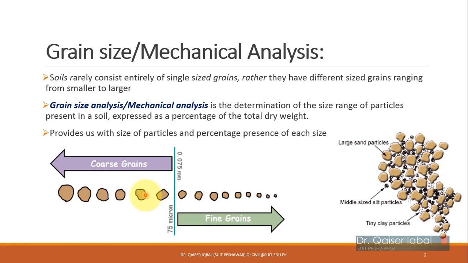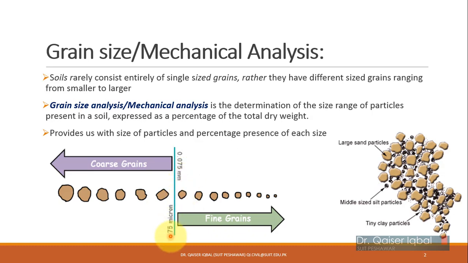So we know that in soils you have got, as I discussed, larger particles and then smaller particles as well. To distinguish between large or coarse grain particles and small or fine grain particles, we have drawn a line at 75 micron or 0.075 millimeter.